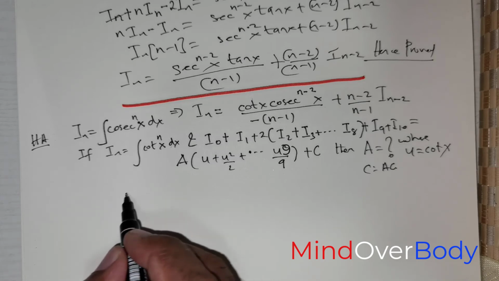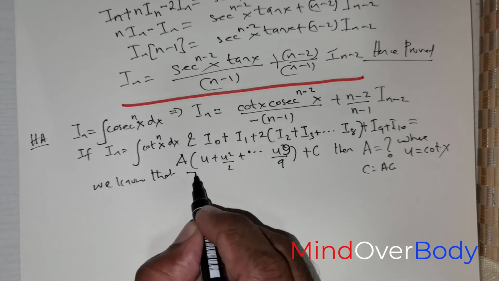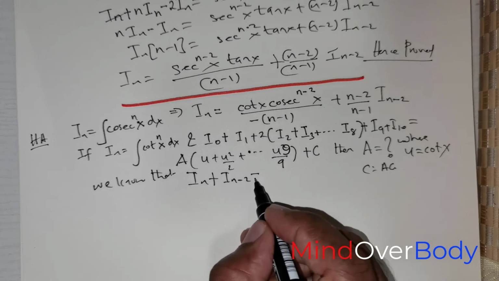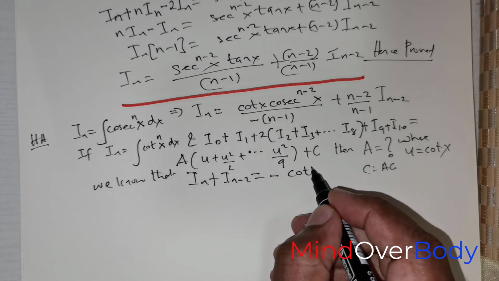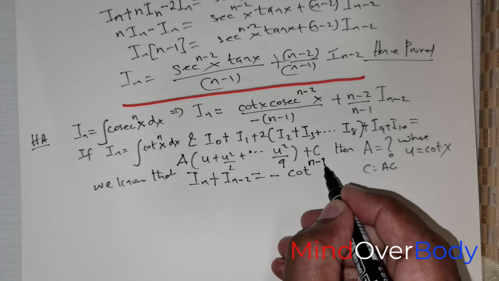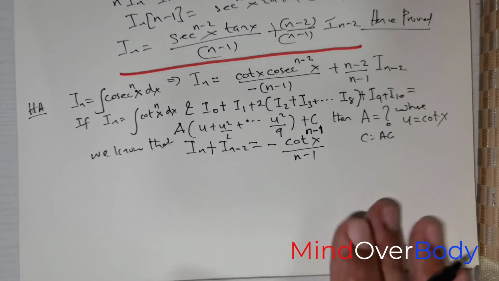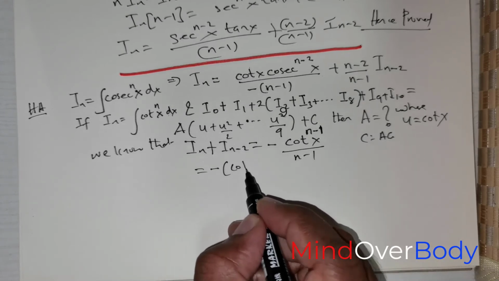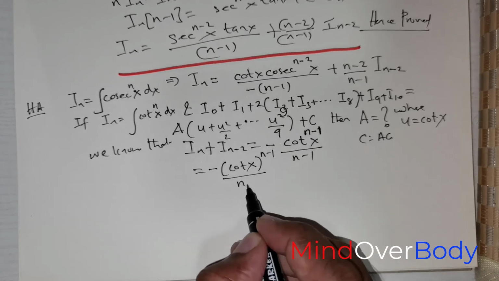That relationship is, we know that I_n + I_(n-2) is equal to negative of cot^(n-1) x divided by (n-1). This can be rewritten as negative of (cot x)^(n-1) divided by (n-1).